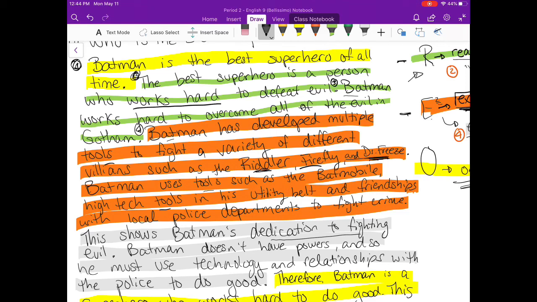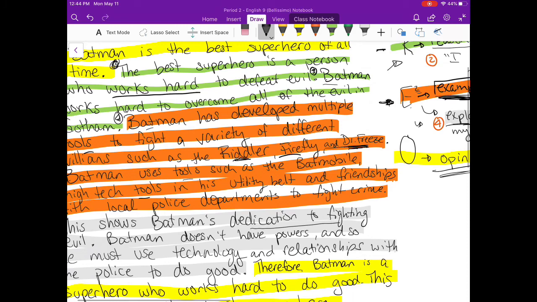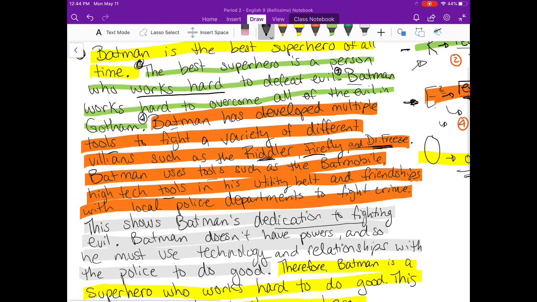So that's an example of how he is working hard to fight crime. And then I explained my example. So I think that's 5 sentences right there. So we're at sentence number 6, and I'm explaining how those things come back to my point. This shows Batman's dedication to fighting evil. Batman doesn't have powers, and so he must use technology and relationships with the police to do good.